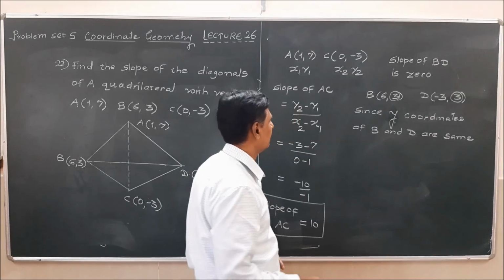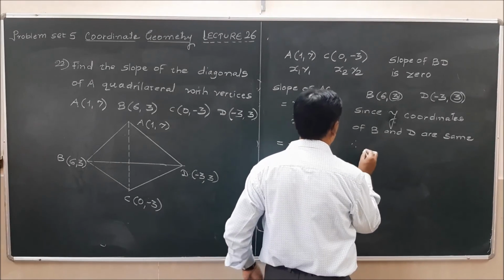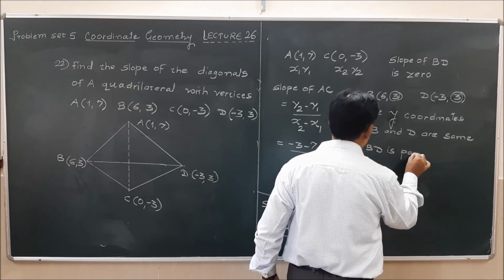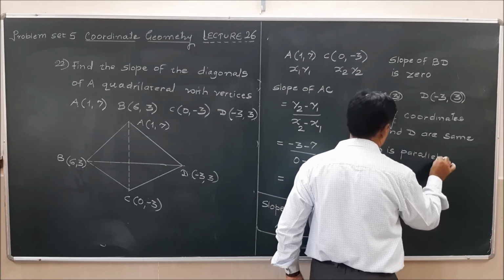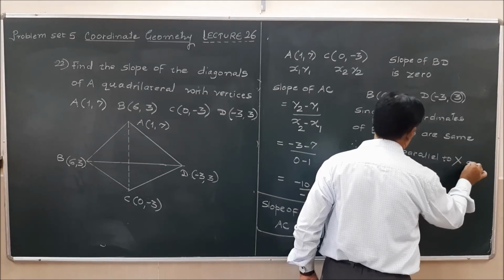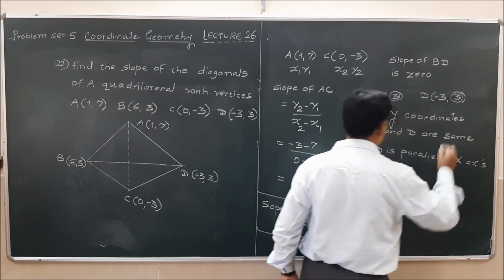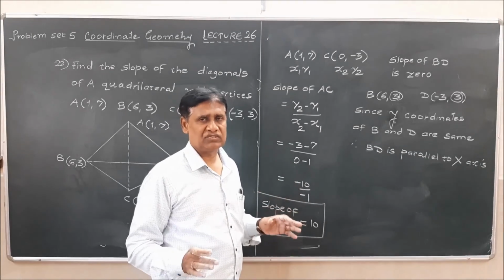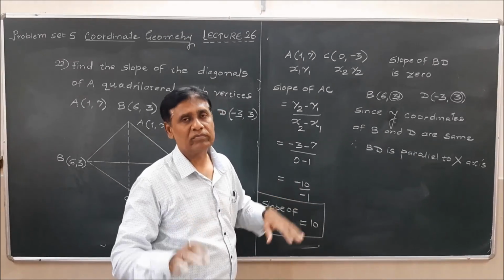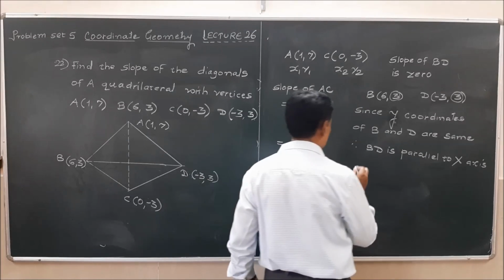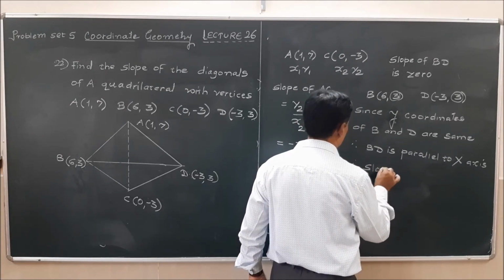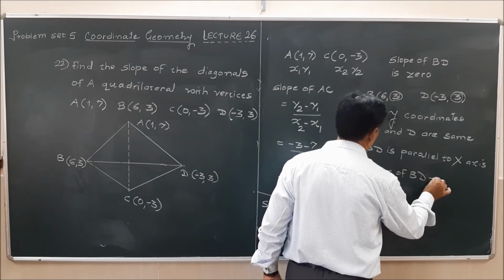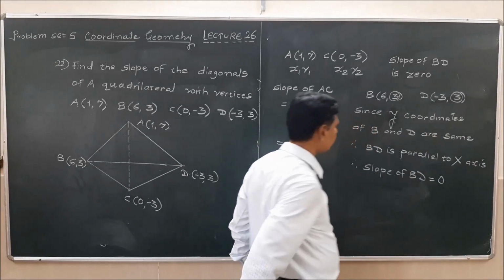Try to understand. Therefore BD is parallel to x-axis, and any line which is parallel to x-axis always has slope 0, and therefore slope of BD is equal to 0.